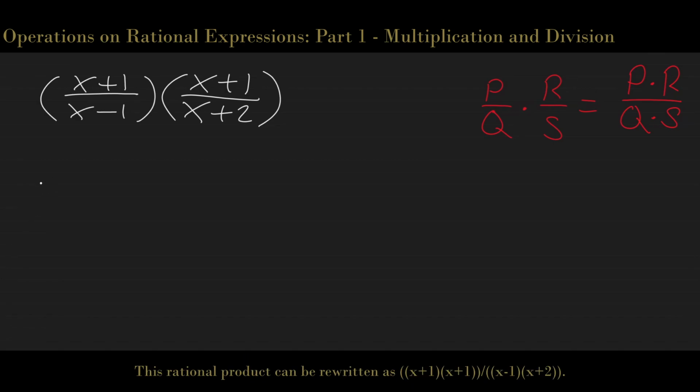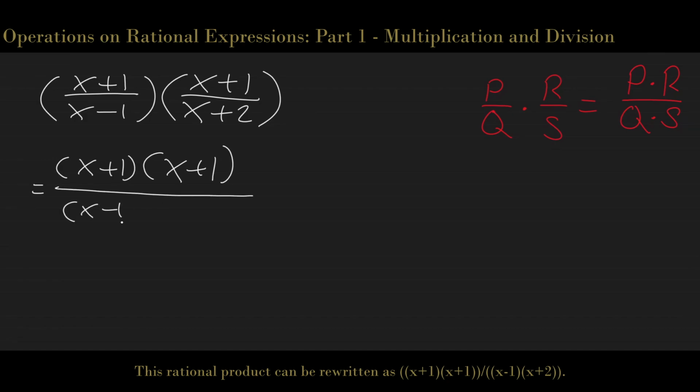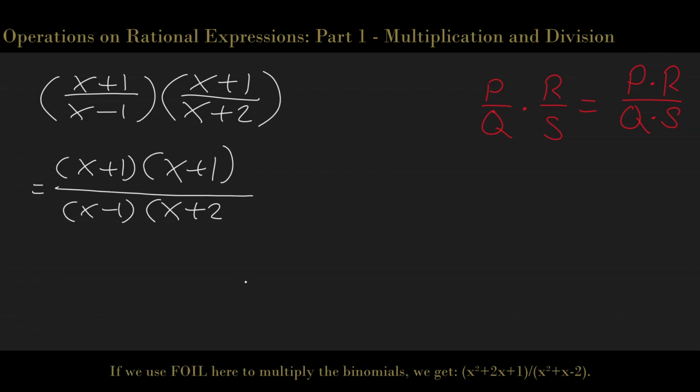This rational product can be rewritten as x plus 1 times x plus 1 divided by x minus 1 times x plus 2. If we use FOIL here to multiply the binomials, we get x² plus 2x plus 1 divided by x² plus x minus 2.